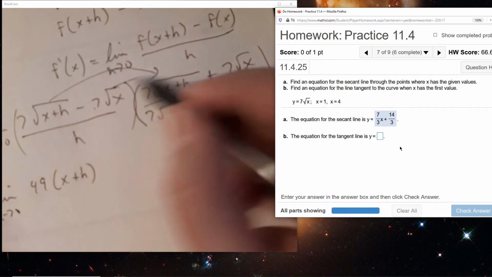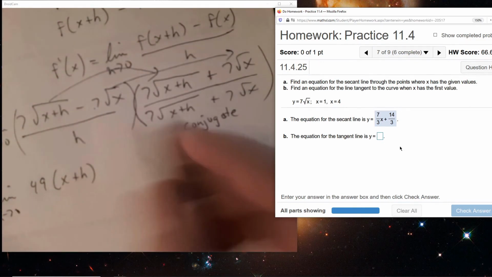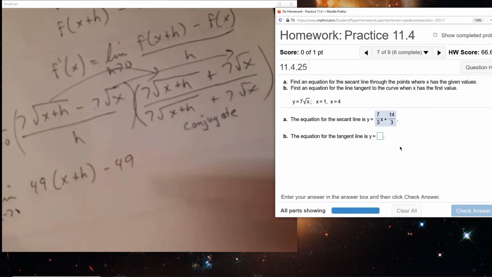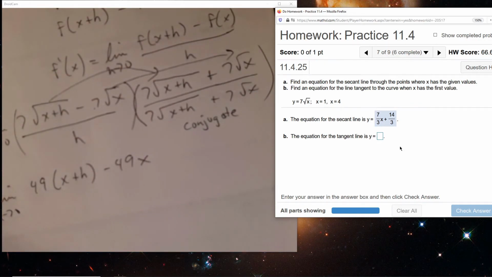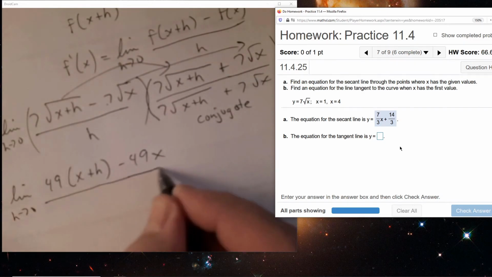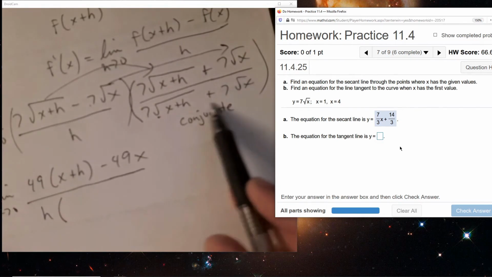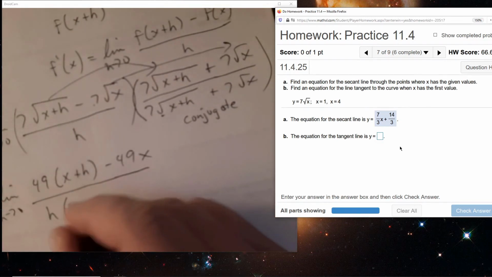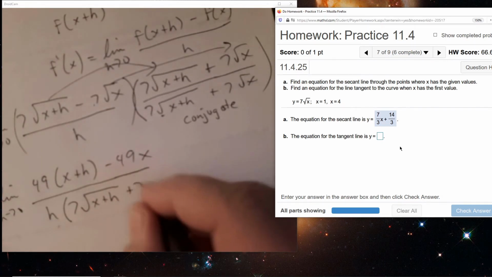So the last thing that's left are the two others we'd multiply together then. So minus 7 times positive 7 is minus 49, and square root of x times square root of x is x. And then this is all over the denominator, h, and this stuff here, don't distribute that out because we want the h to remain a factor, because while it remains a factor means we can then divide it out.